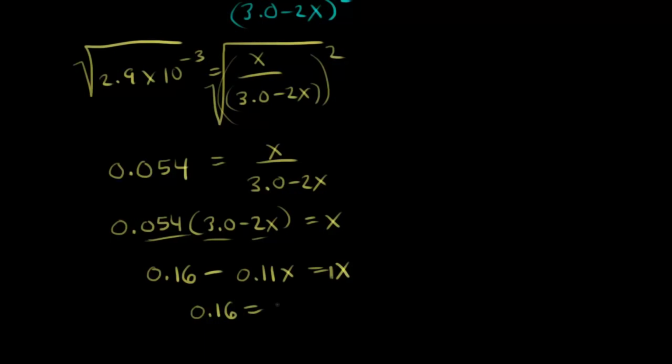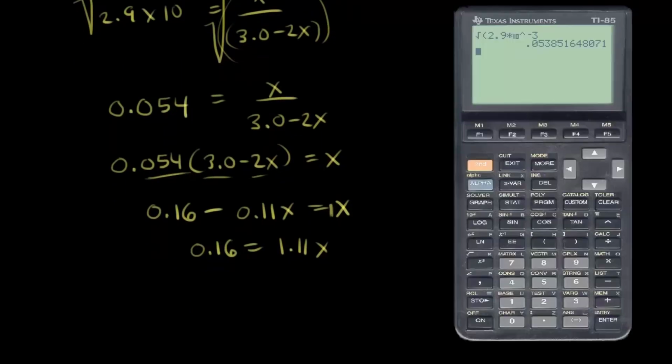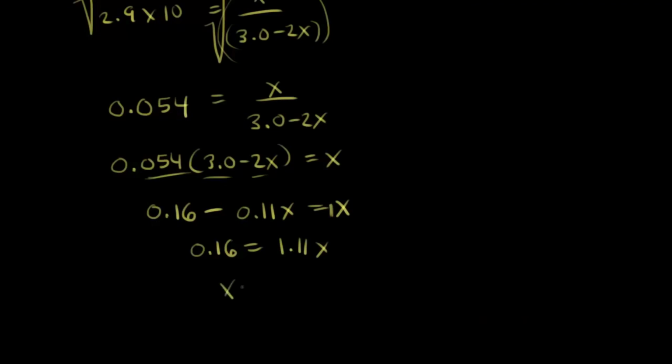So 1x plus 0.11x is 1.11x. And so now we need to solve for x. So we've done our math here. We need to divide 0.16 by 1.11, and that is equal to 0.14. So x is equal to 0.14, which is only approximate because of all the rounding that we've done.